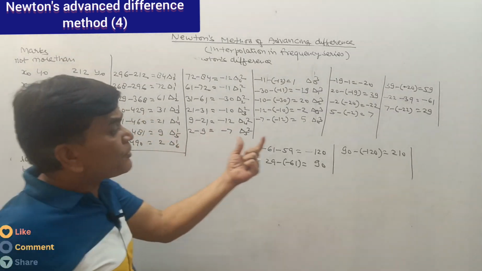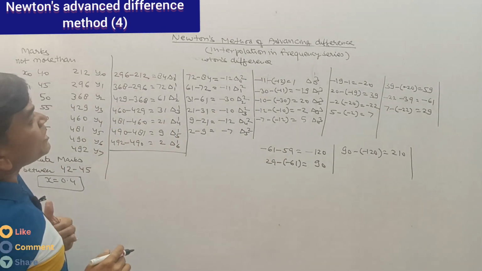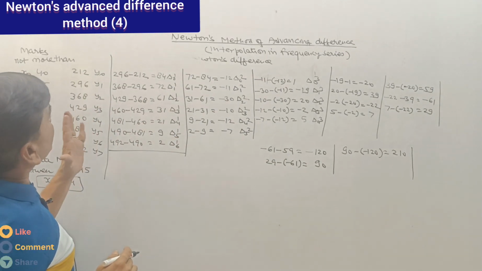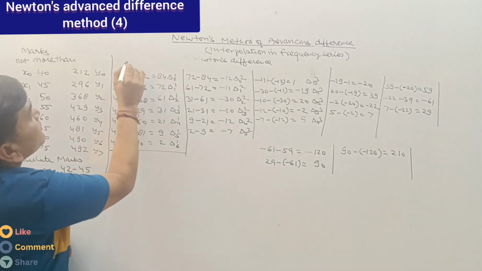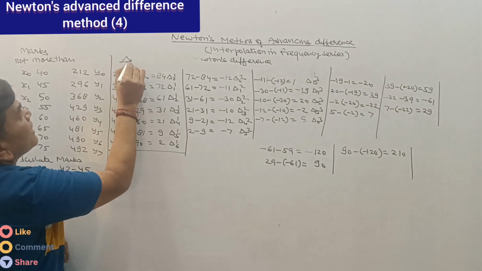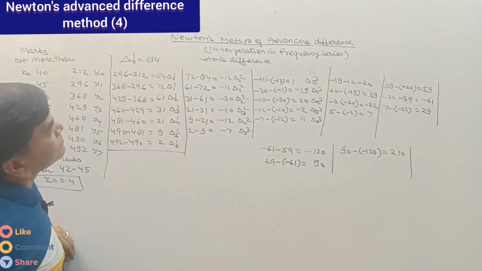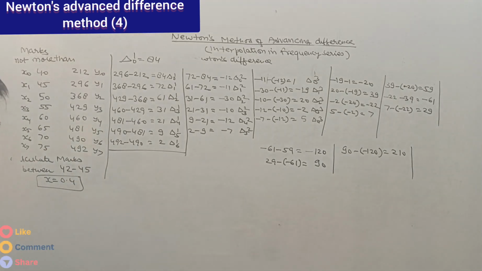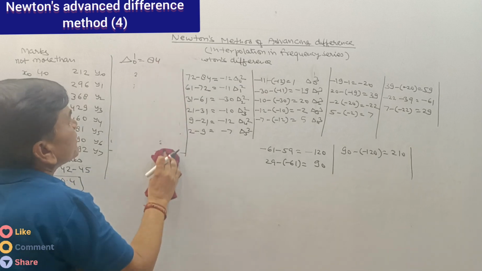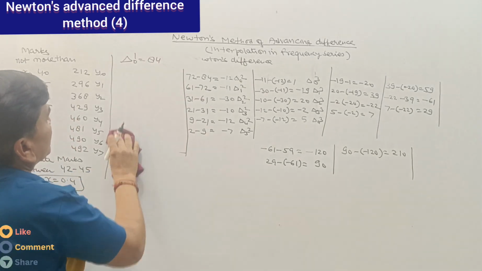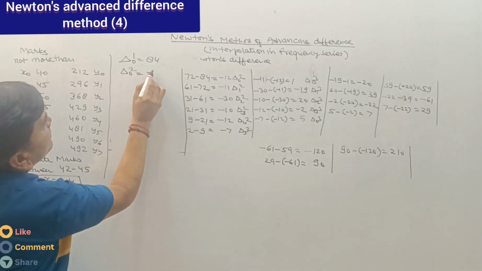We have to keep the required values. The very first one, delta 01, we will require, that is 84. Now delta 02 value is minus 12.